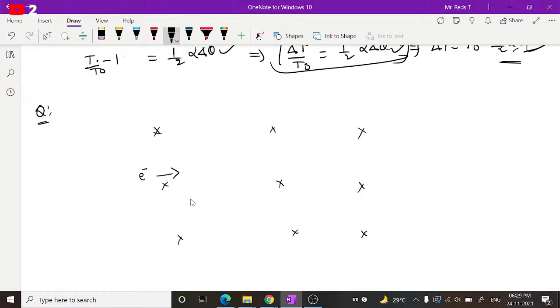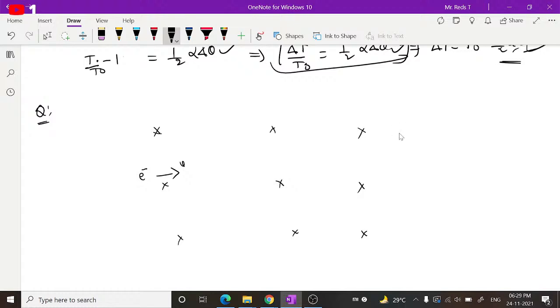It is mentioned that they simultaneously enter the region with a uniform magnetic field which is normal to the motion of both particles. So you can understand that they enter with the same velocity, right?